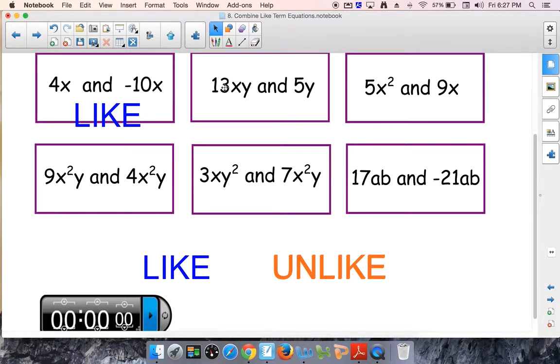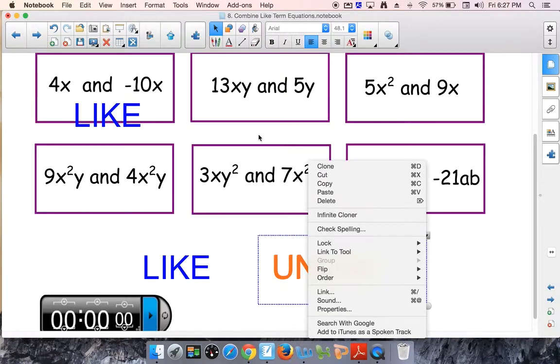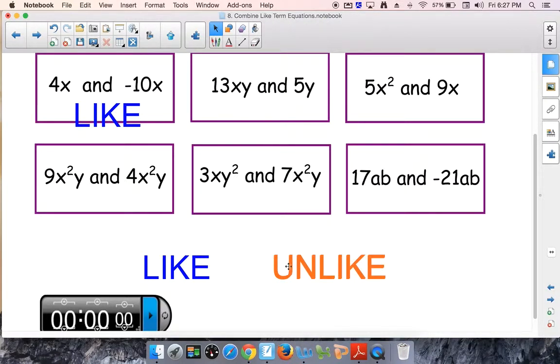Next one, 13xy and 5y. Well, those are unlike because the x and the y are different terms. 5x squared and 9x. Well, because this is squared, this is to a different exponent or different power. These are unlike terms.